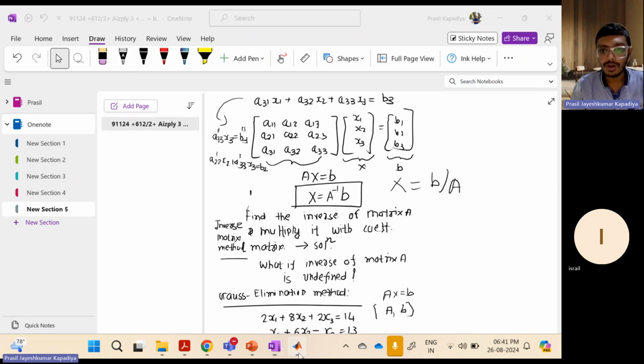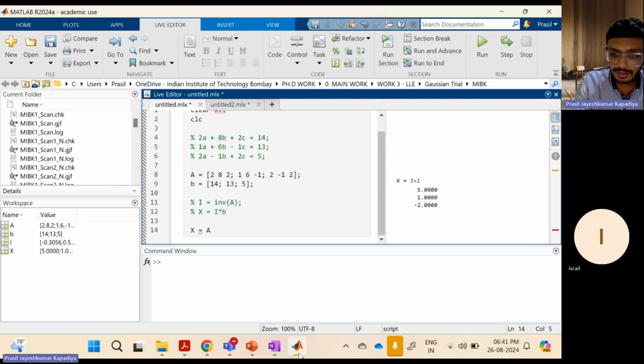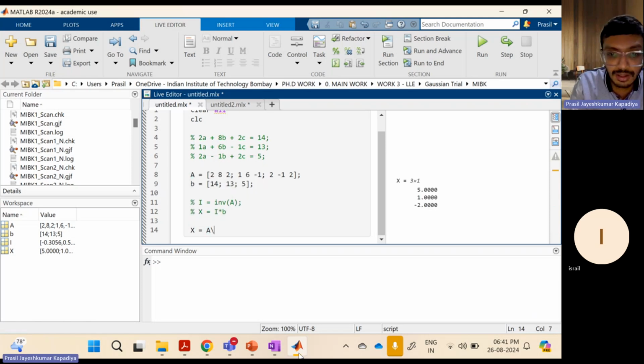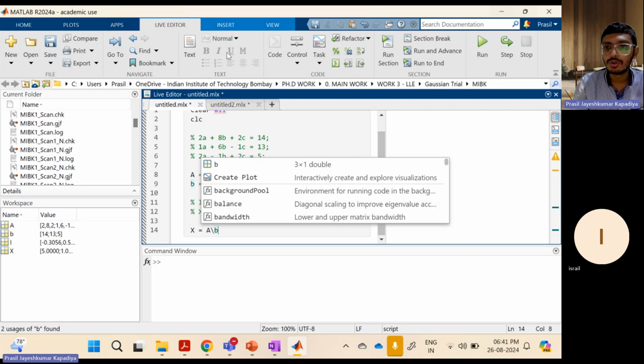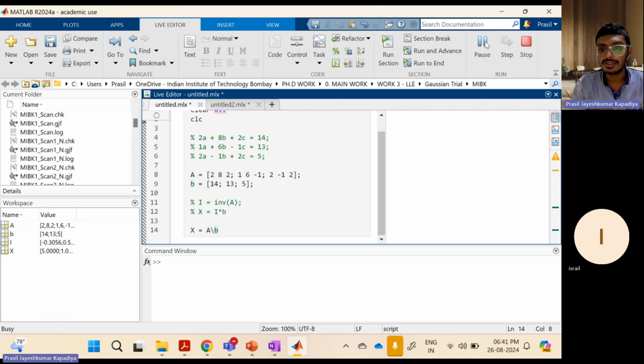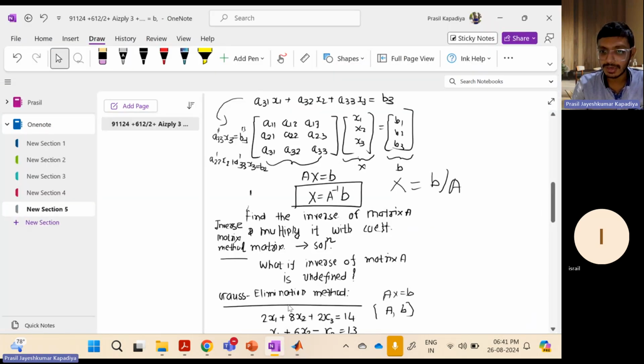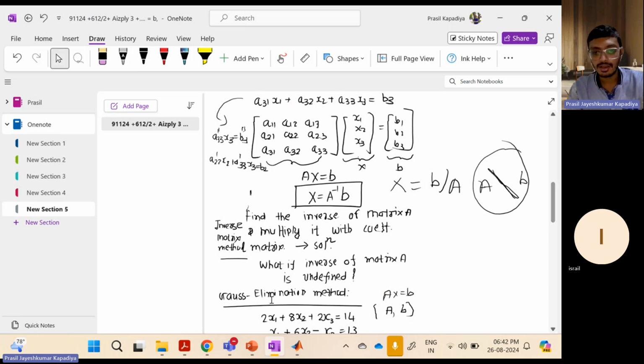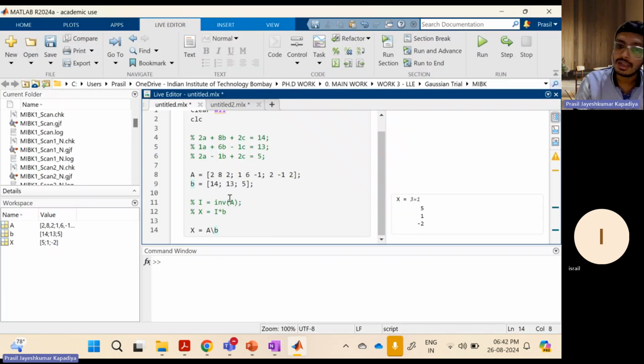So what I need to do is write A backslash b. This will also give me the same answer, 5, 1, minus 2. So instead of writing inverse, you can write A backslash B. So this is how I can directly get my solution of coupled linear equations.